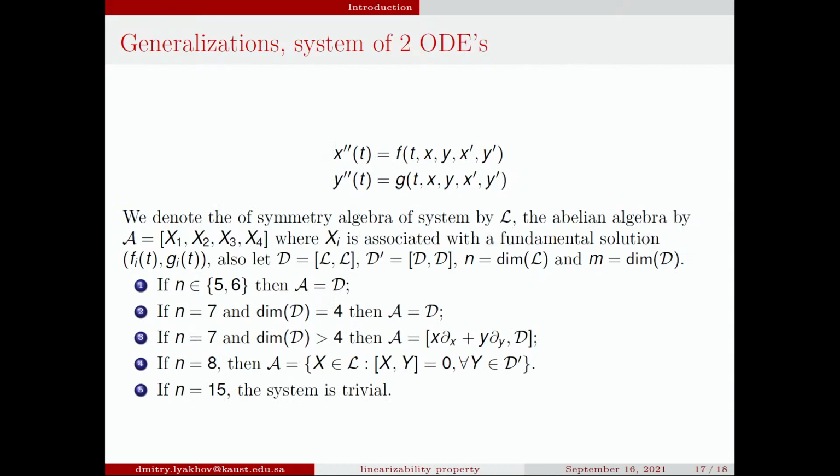And the last generalization is actually our future work. We want to generalize the algorithm for systems of ODEs, and we want to start from the 2 ODE system. From the previous references, we know that they classified all the symmetry algebras for this 2 ODE system.